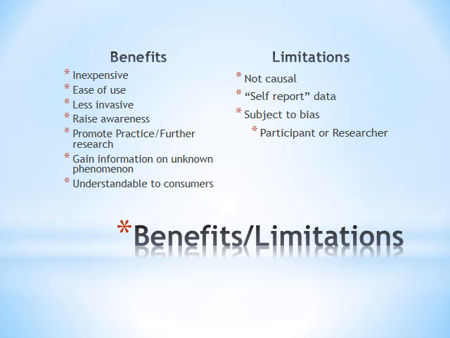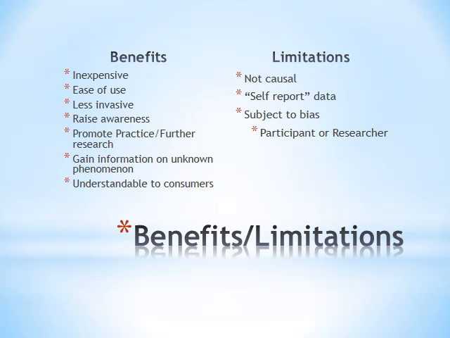And so there's also that researcher bias. We talked a little bit about that with the interviewer and one-on-one types of interviews of surveys. The researcher can impact the results of the survey as well as the participant bias.